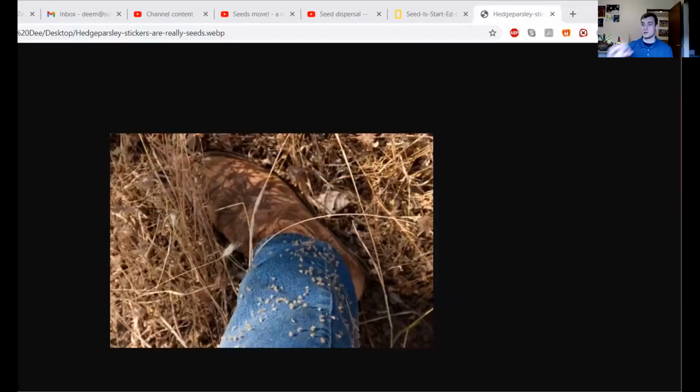Have you ever gone on a hike or walked through some bushes and gotten these little sticky things stuck on your feet, your shoe or your sock? This is an example of how certain species of seeds will travel by attaching themselves to animals, including ourselves.